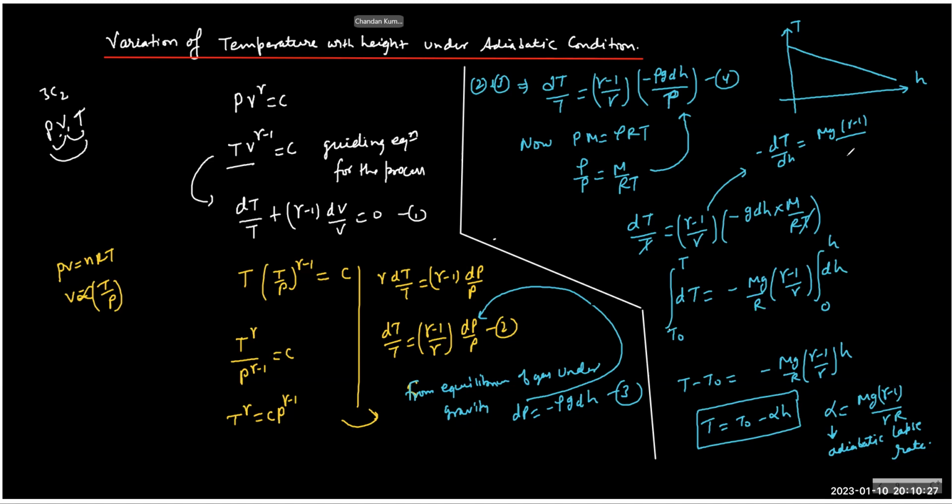So this is the rate at which the temperature will fall, and under the adiabatic condition, you can see this is constant, right? Mg is constant, gamma is constant, R is constant. So this is entirely constant, and this constant we call alpha, the adiabatic lapse rate.